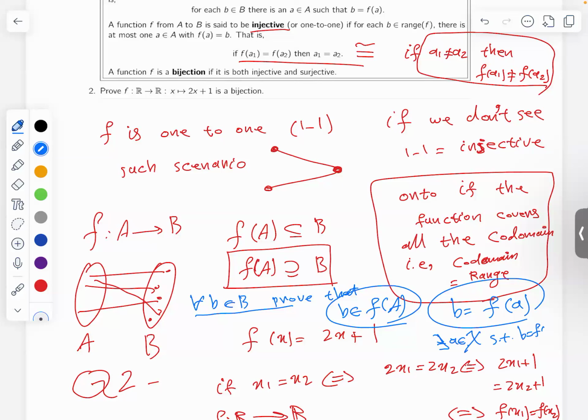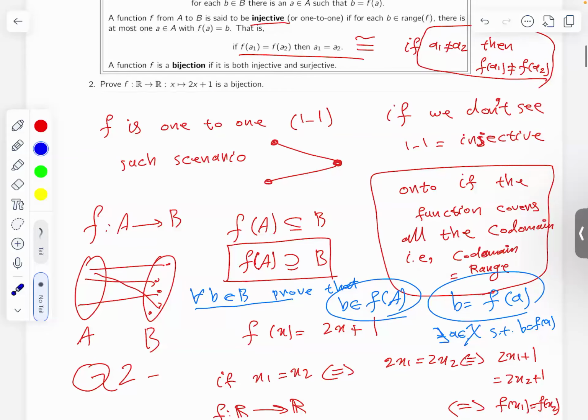So let me write again. Okay, so we will find a such that this is correct. If f acts on a, it will be equal to b. So this means b will be belonging to f of A as well. So this means surjectivity.